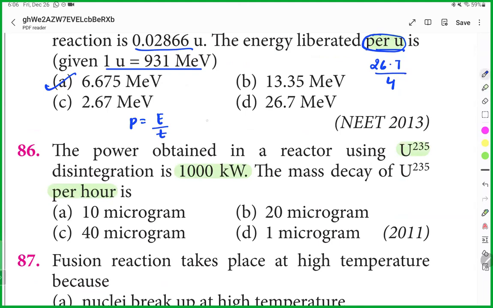And if you want to calculate energy, energy is equal to power into time, energy is also equal to delta m c square. So you have to calculate delta m, power into time divided by c square. Yes or no? Yes, sir.